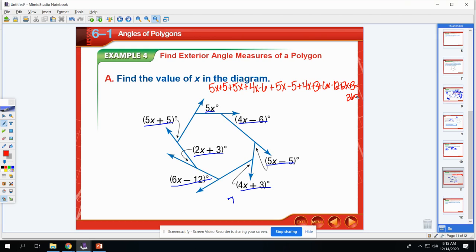Didn't quite make it. So that looks really crazy, right? Just looking at this long equation, it doesn't look like this could ever be found.